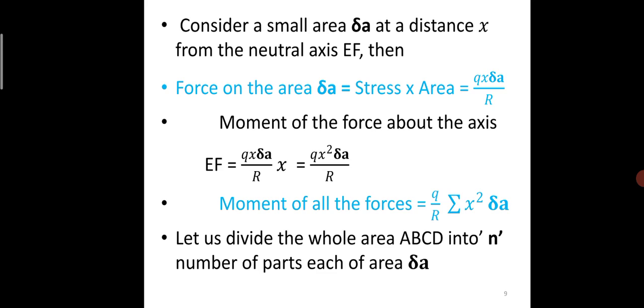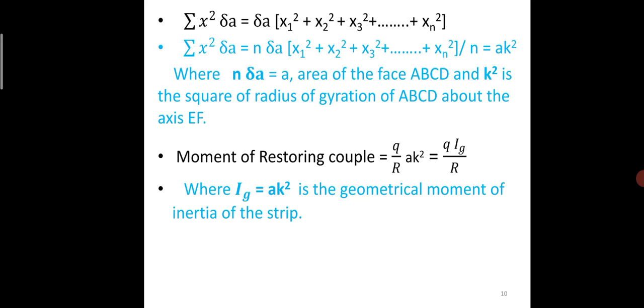Then let us divide the whole area ABCD into n number of parts, each of area delta A. Then the summation of x square delta A is equal to delta A into x1 square plus x2 square plus x3 square, etcetera, to xn square. Or summation of x square delta A is equal to n into delta A, that means we are going to multiply and divide by n.